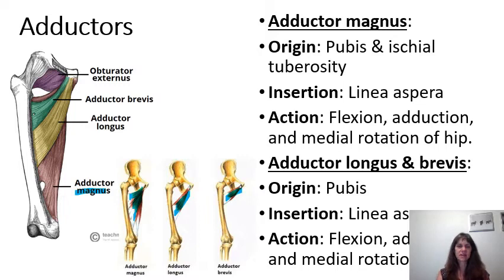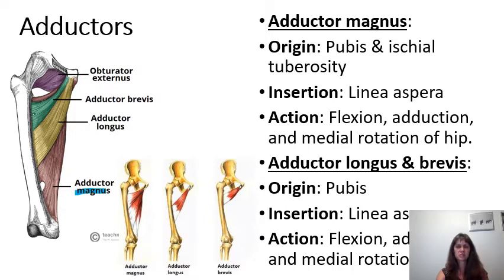Adductor magnus originates on the pubis as well as on the ischial tuberosity. Adductor longus and brevis both originate on the pubis, and the insertion for Adductor magnus and longus and brevis is the linea aspera for all three.